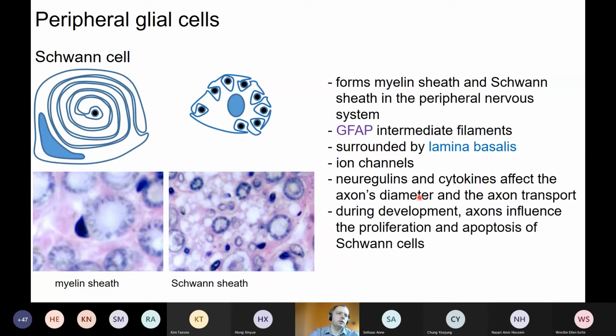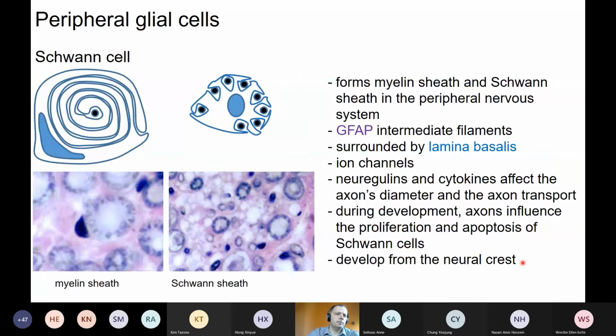And also during the development, if no injury is there, but the axons are just newly developing, the proliferation and the apoptosis of the Schwann cell depend on whether the axons are there or not. So the axons and the Schwann cells interact with each other, and they control each other's development and function also.